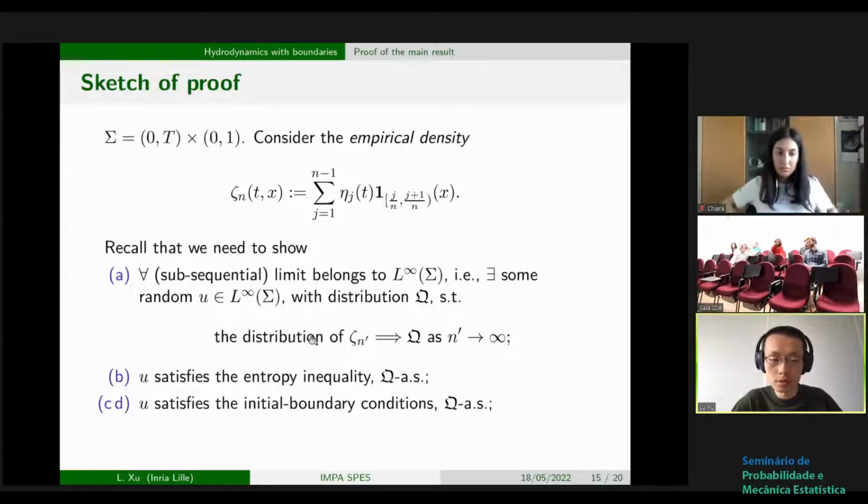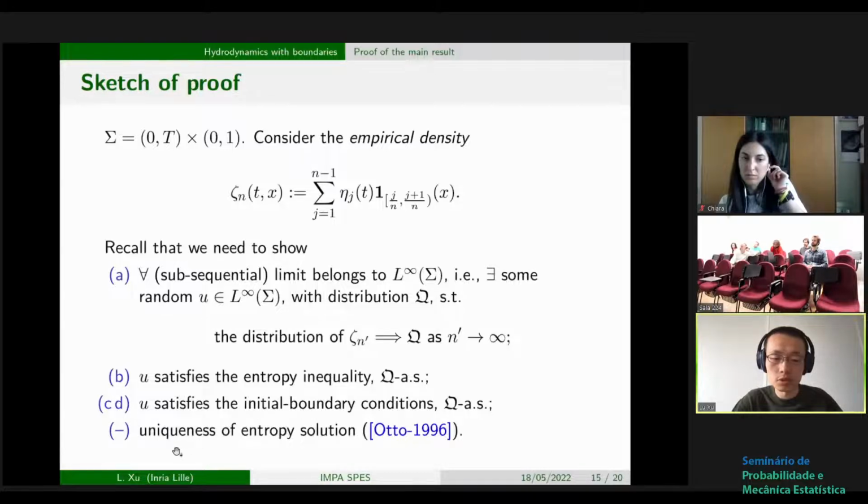Once we have this, we should prove that Q almost surely, my limit satisfies the entropy inequality as well as the initial condition and the boundary condition. And finally, we use the uniqueness of the entropy solution to say that this Q can only concentrate on the entropy solution of the hyperbolic conservation law.